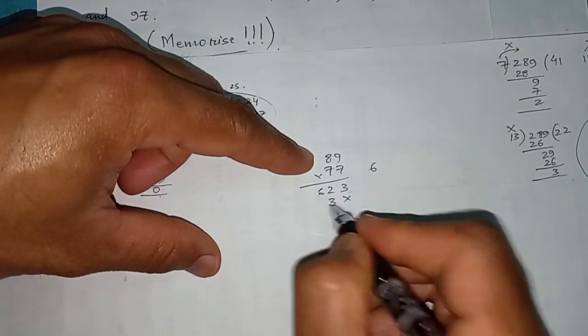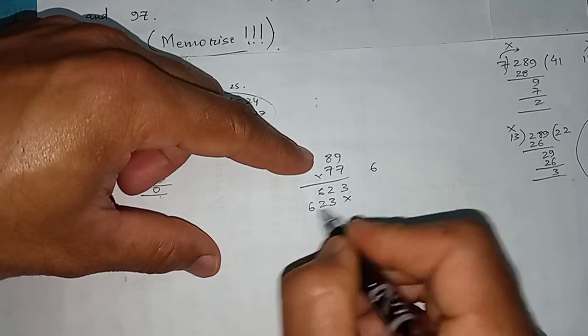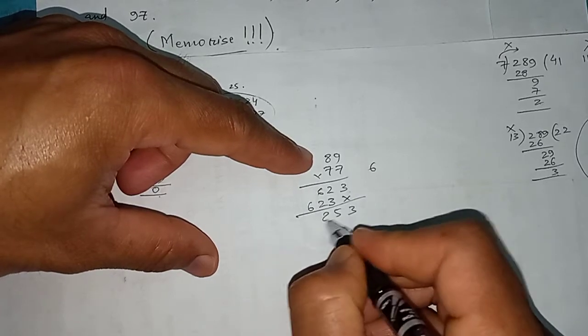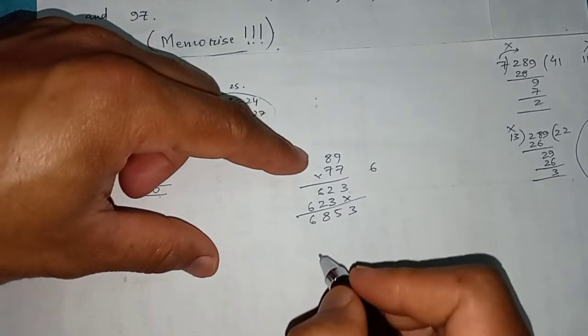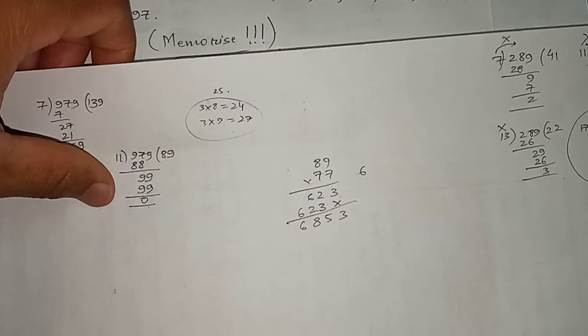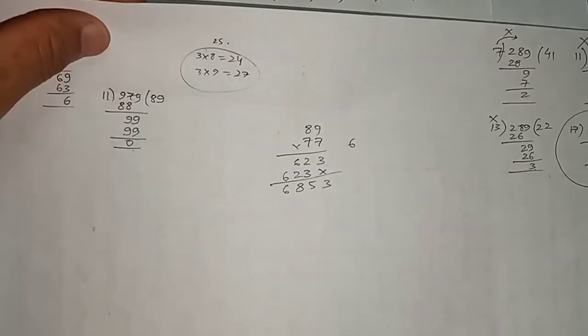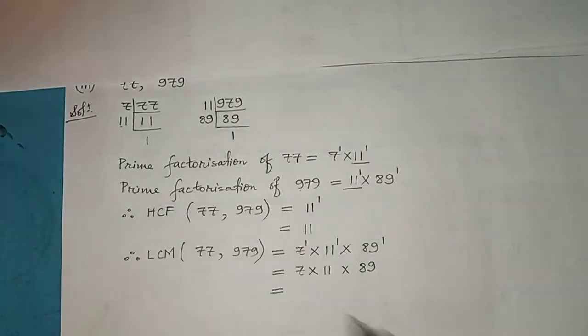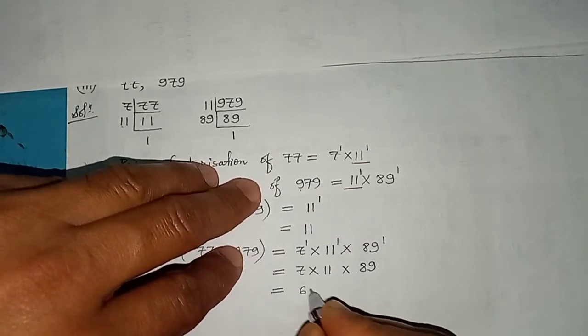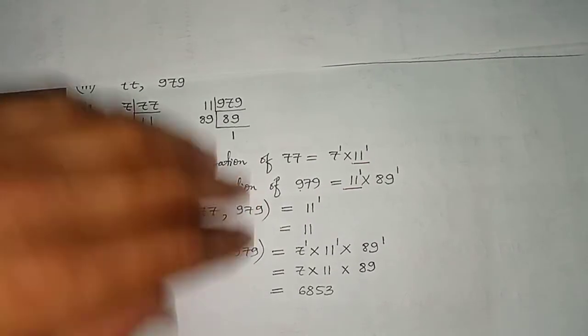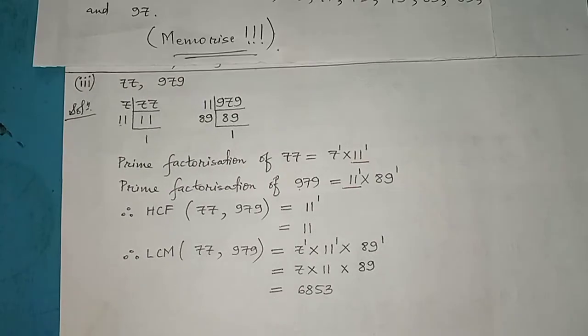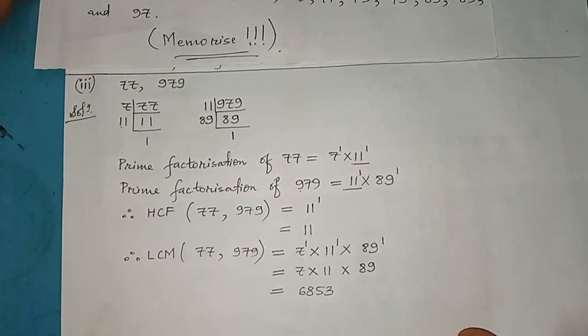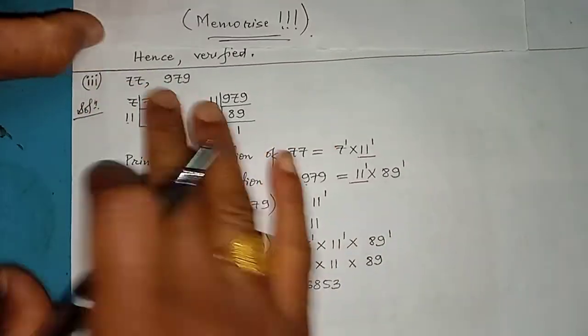So 7 9s are 63, and then the same. 6853. So the LCM is 6853. So we have finished finding the HCF and LCM of these two given positive integers.